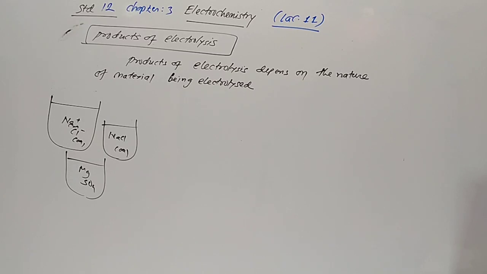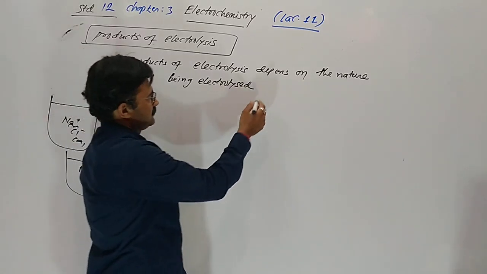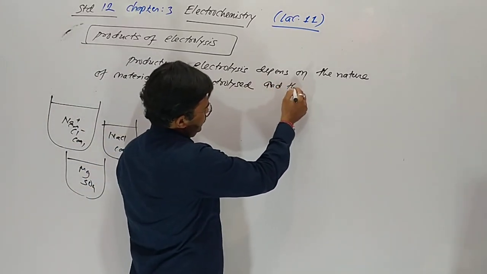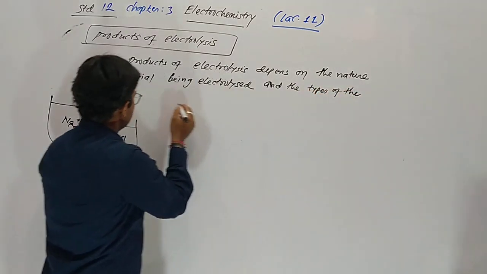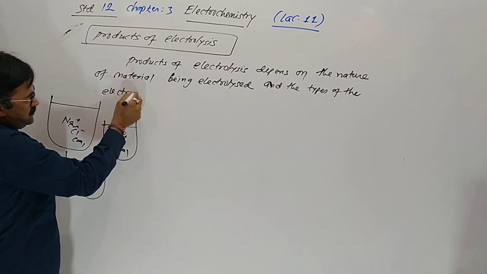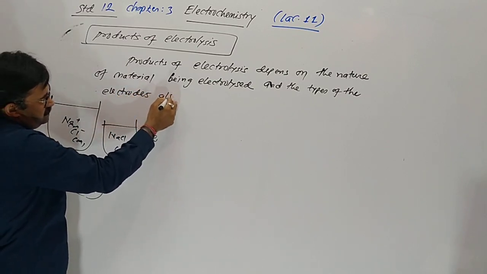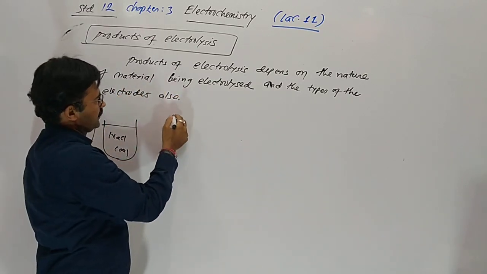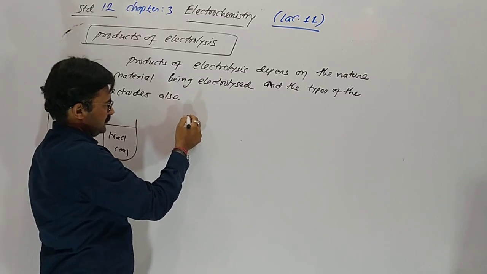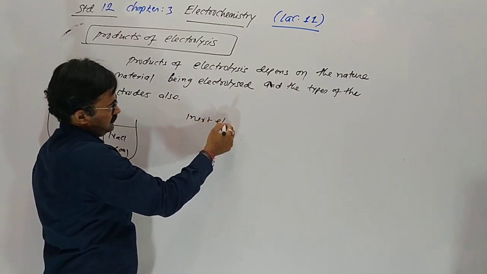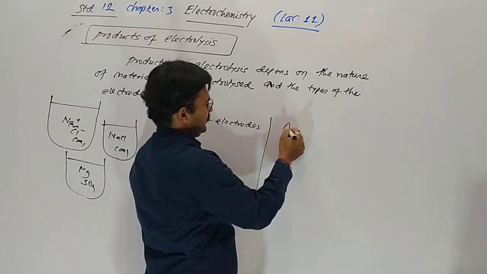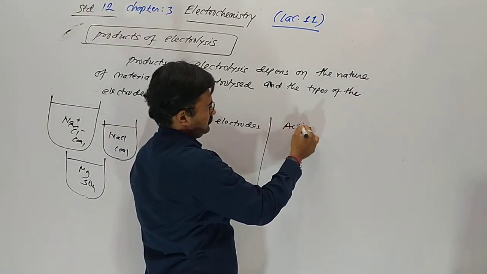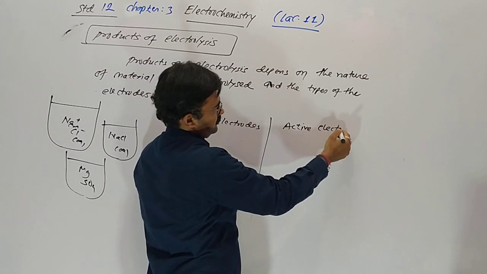And the type of electrode also. Actually there are two types of electrodes: inert electrodes and active electrodes.